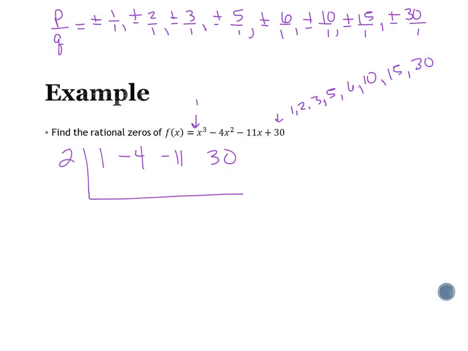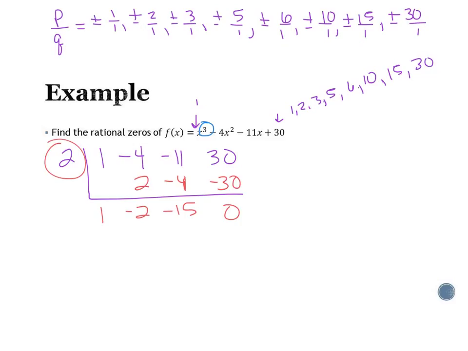Then I'm going to drop, multiply, add, multiply, that's a 4, add, multiply, add. Okay, so I got lucky there. I just randomly picked it. So I know that 2 is a zero. But there could be 3 zeros here, and so I need to keep looking. That doesn't mean that's the only one I have.